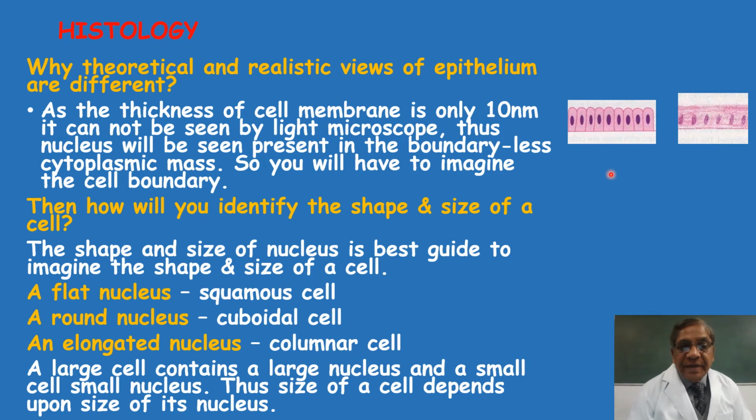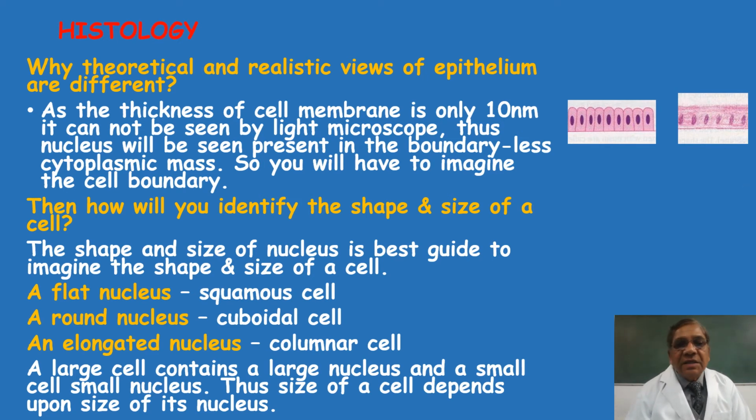Similarly, if a nucleus is seen as columnar, where its height is more than its width, then you imagine the cell as an elongated cell, which is said to be a columnar cell. That means with the help of the nucleus you can identify whether it is a squamous epithelium, a cuboidal cell of the cuboidal epithelium, or a columnar cell of the columnar epithelium.